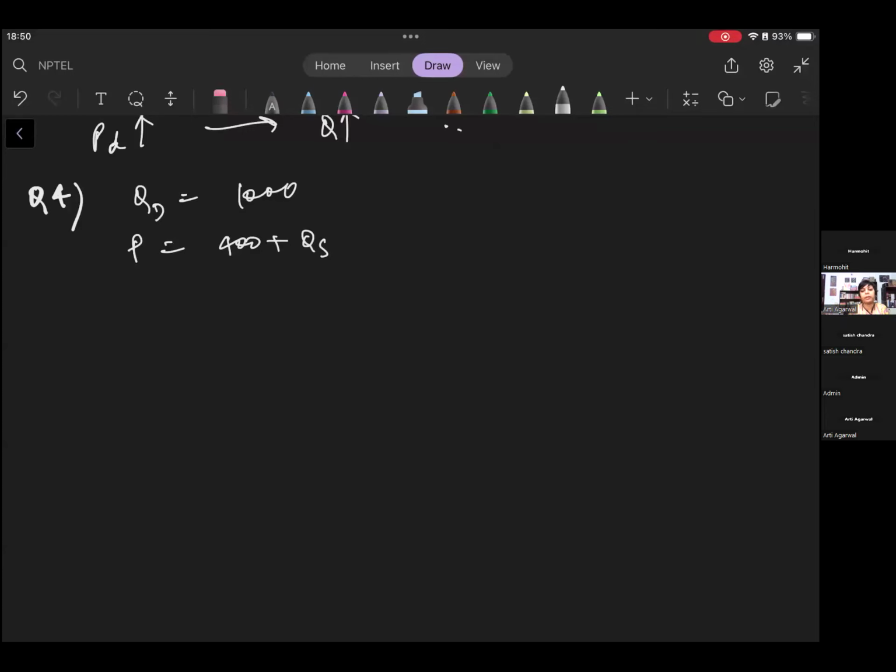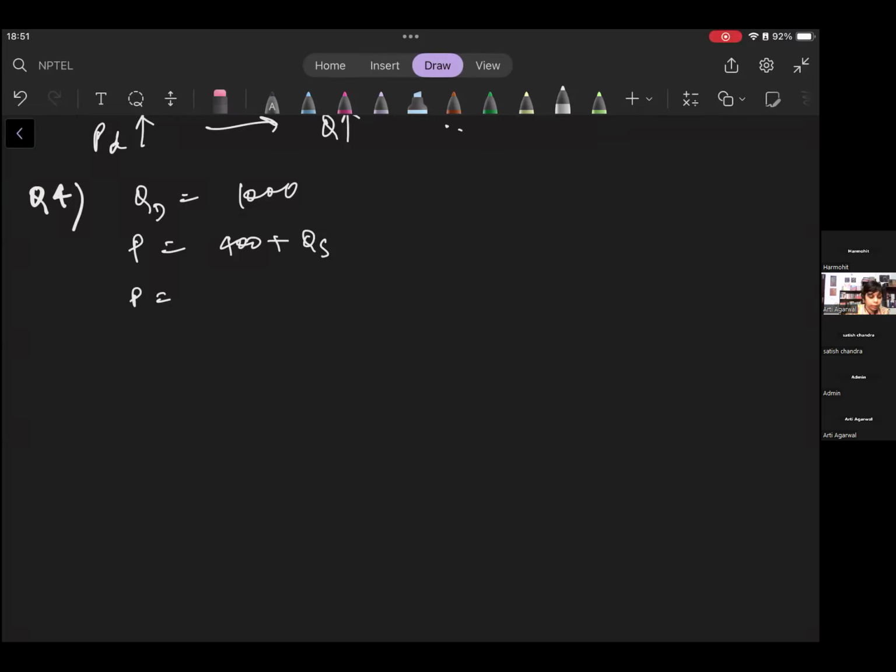That means the demand remains the same irrespective of the price. That is the first takeaway when you read this question. So QS is equal to P minus 400. You don't need to write this section. And from here, you can just plug in the value of QD as 1,000 because QD equals QS.